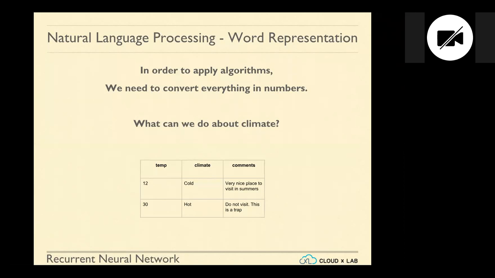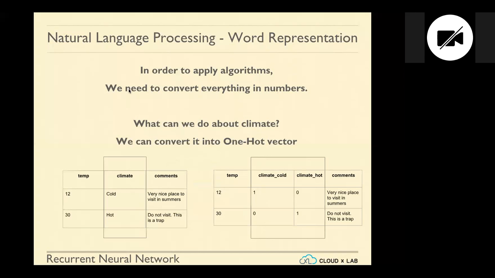Correct. Using encoding such as one hot encoding, right? So now let's take a look at it. Had a column been a categorical variable such as climate, we could have converted it into one hot encoding. Is it clear what we did?